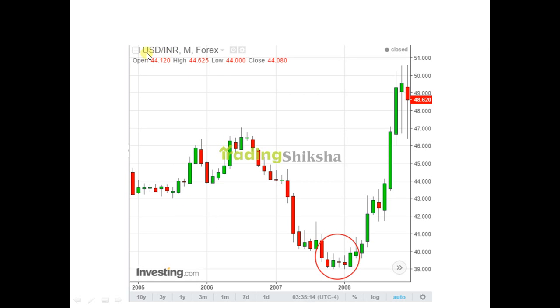You can also see that this is a live example. In 2008, the dollar appreciated, meaning strengthened, to a very high level of 39. $1 was equal to 39 rupees; the dollar was very weak and the rupee was very strong at that time.